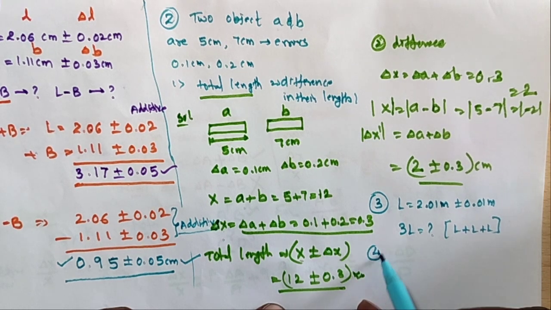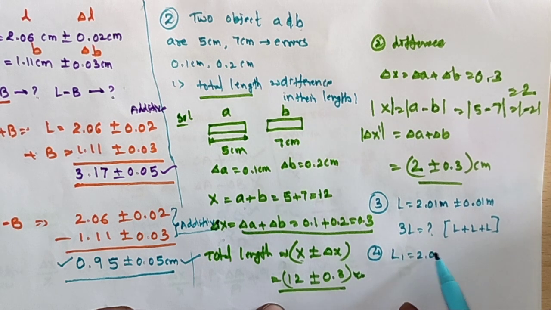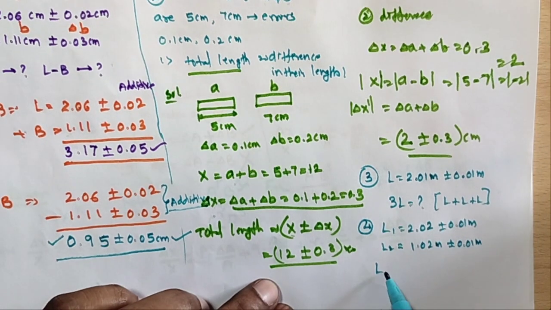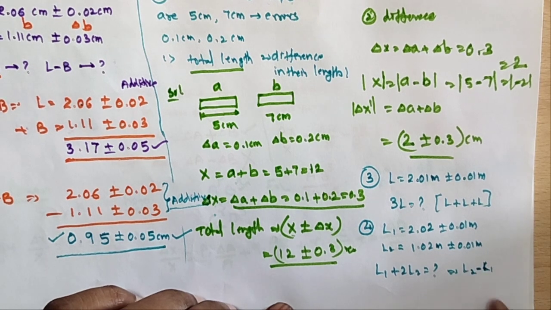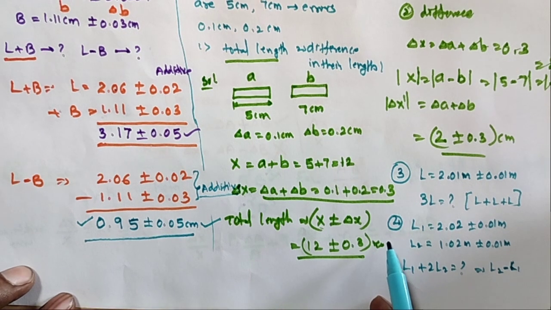And the fourth one, suppose L1 is equal to 2.02 plus or minus 0.01 meter, and L2 is equal to 1.02 meter plus or minus 0.01 meter. You can calculate L1 plus 2L2, and L2 minus L1. So these third and fourth are homework problems.